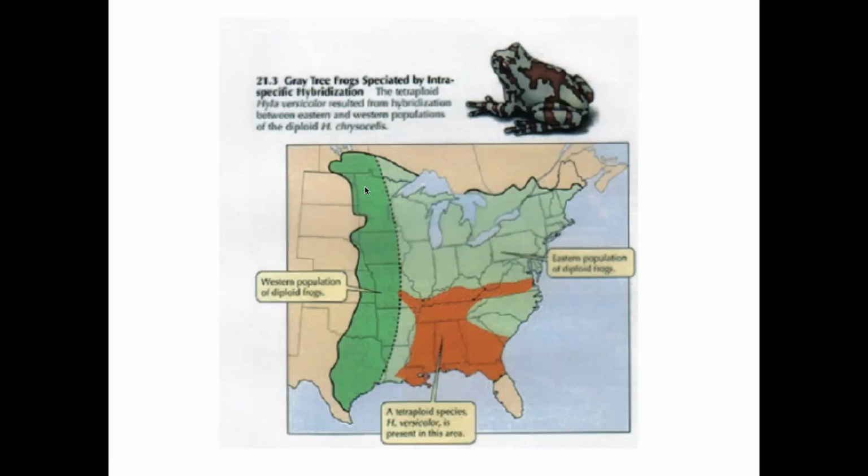There was a chromosome doubling event in one or a few of those hybrid individuals to restore fertility and create an allotetraploid derivative of those two original diploid species. And this is a tetraploid species of tree frog that now has a third range, more in the southern portions or southern states of the United States.